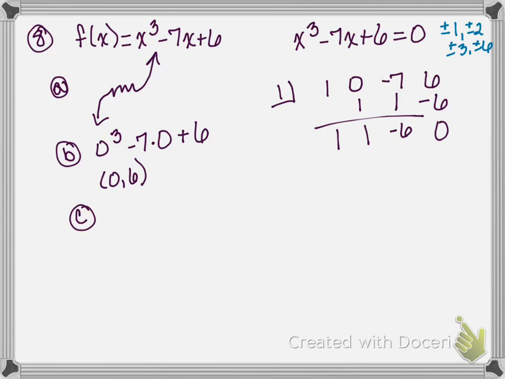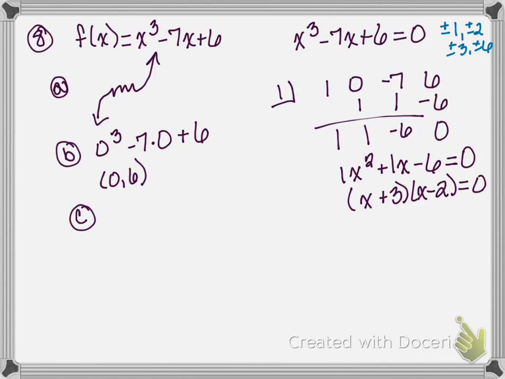Then I've got 1x squared plus 1x minus 6. That can be factored to x plus 3 and x minus 2. So I have x equals negative 3, x equals 2.